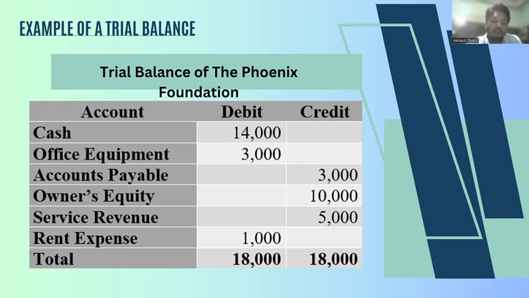From these transactions, we prepare the trial balance listing all accounts and their balances. As you can see, the total debits are equal to the total credits, both amounting to 18,000. This balance tells us that the accounts are accurate.